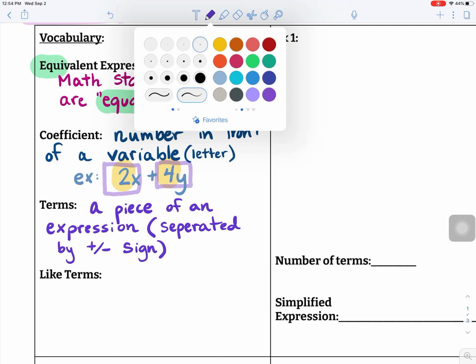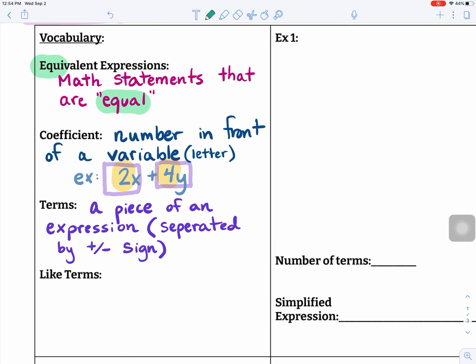Last but certainly not least, let's define what like terms are. We already know what a term is, right? A term would be a piece of an expression. So like terms are going to be terms with the same variable. And again, variable just means the letter, right?